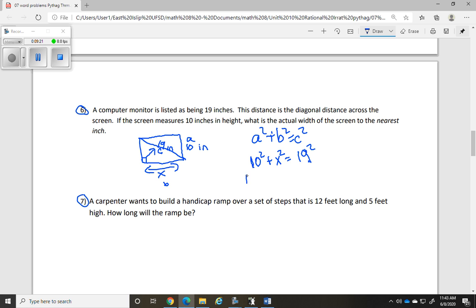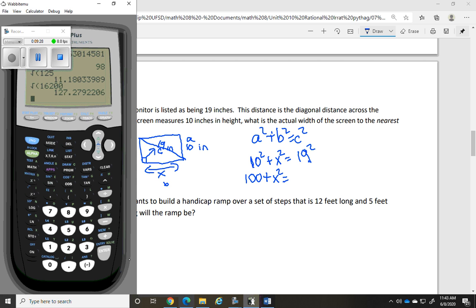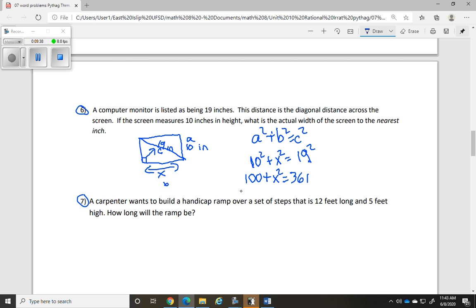So 100 plus X squared equals, I'm not sure what this is, 19 squared, 361. Solve by subtracting, x squared equals 261.